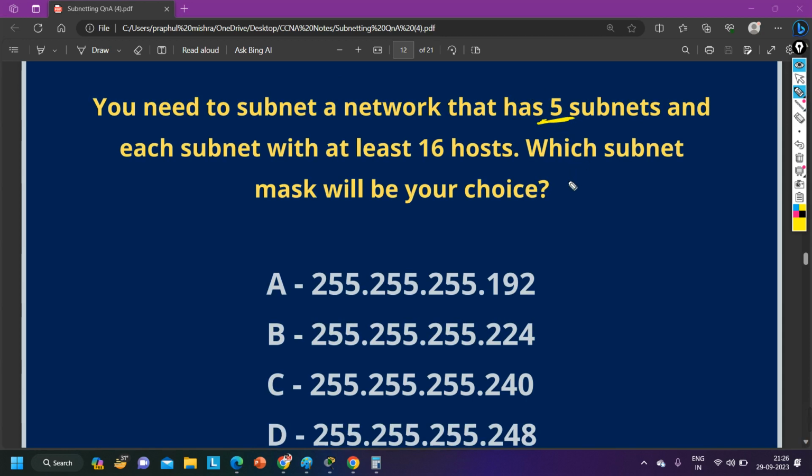For 5 subnets, 2 to the power n should be greater than or equal to 5. Then what should be the value of n? 3. So 24 plus 3 is 27. What is the subnet mask of /27? 224. So 224 is the right answer.